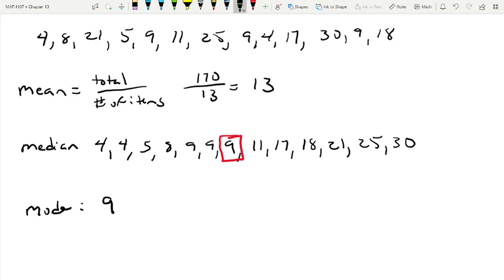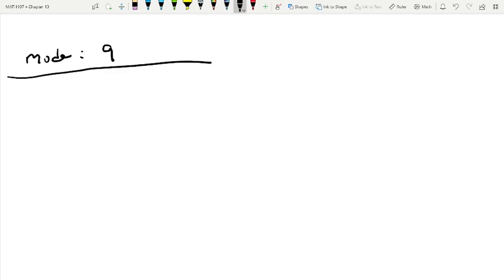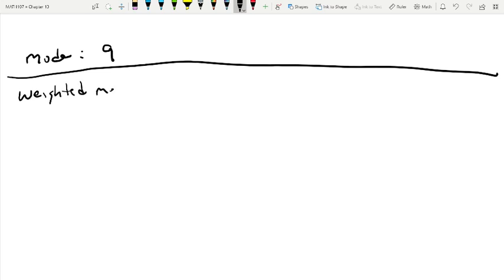Okay. Well, the other kind of average is then in terms of a weighted mean. And a common example where you've seen this used comes in terms of your grade for the class. It is based on this idea.